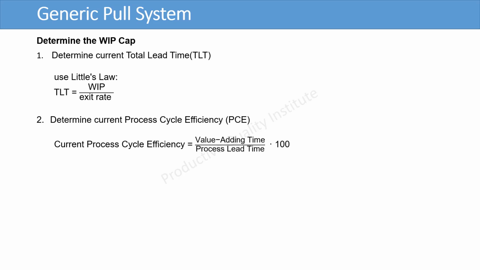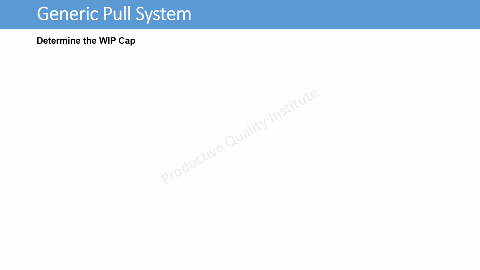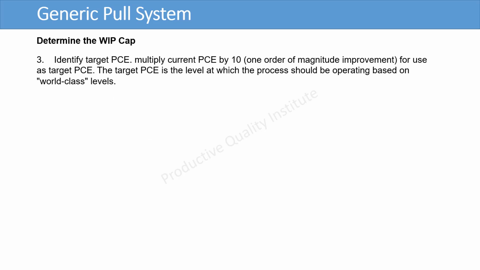Current process cycle efficiency is equal to the value adding time divided by the process lead time times 100. Then, identify the target PCE: multiply current PCE by 10, one order of magnitude improvement, for use as target PCE. The target PCE is the level at which the process should be operating, based on world-class levels.